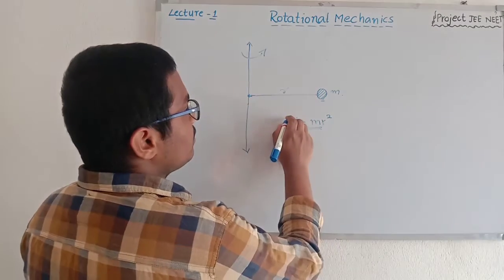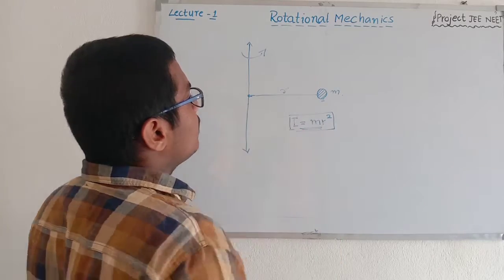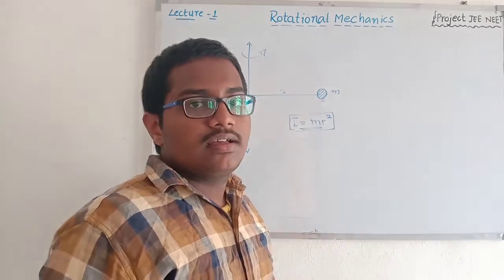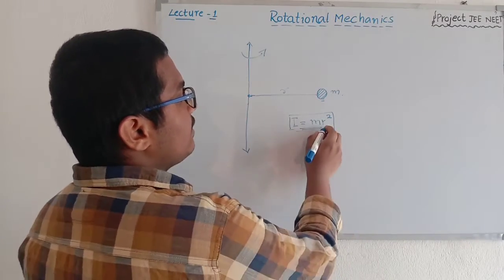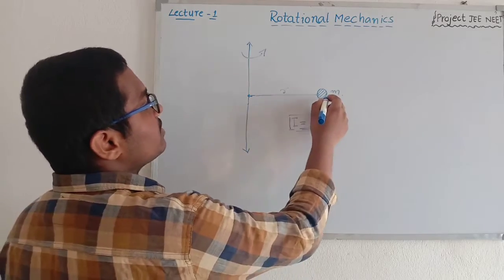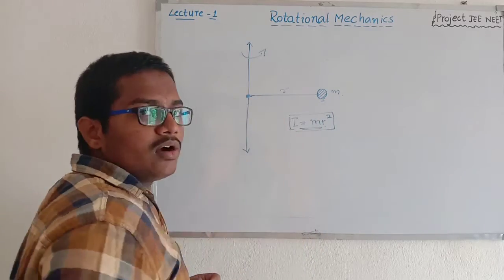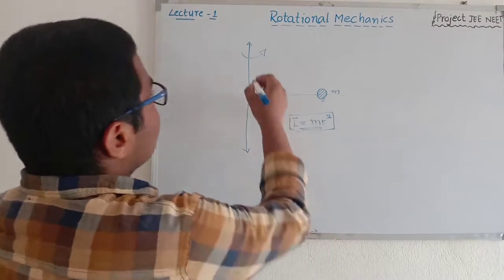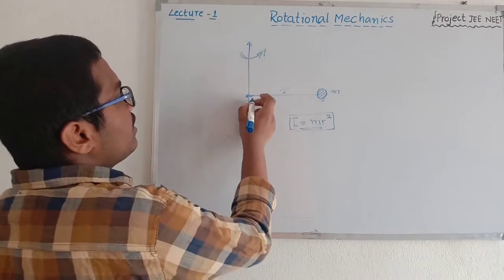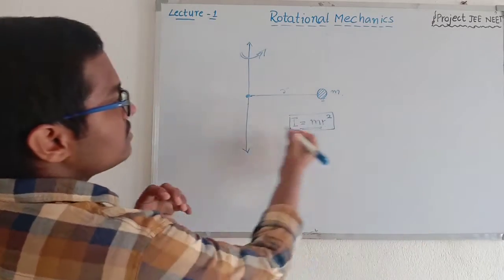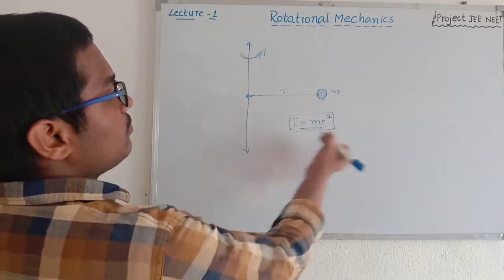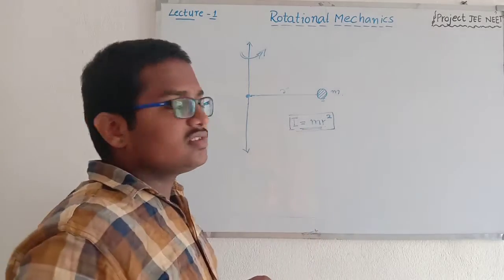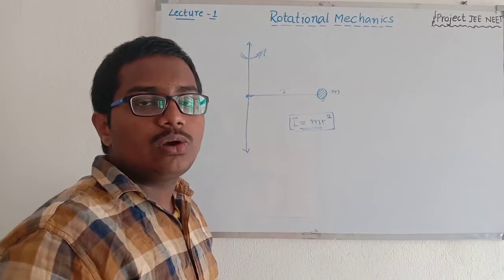So the basic formula of this case is I is equal to mr square, where m is the mass of the body and r is the perpendicular distance from the body to the center of the axis. I hope you understood this case. If the body moves in this direction around the axis, it performs this way of motion. For such a case, the moment of inertia is I is equal to mr square.